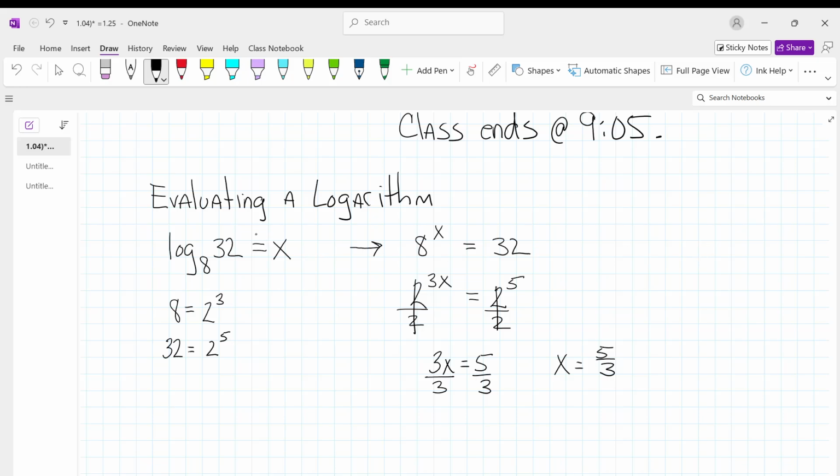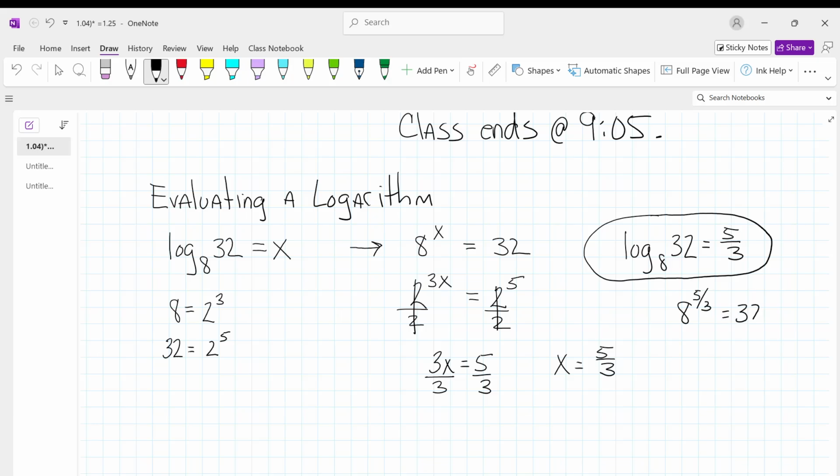So back to this original problem here, log 8 of 32 is equal to 5/3. This would be your answer. It's the same as saying 8 to the 5/3 power is equal to 32.